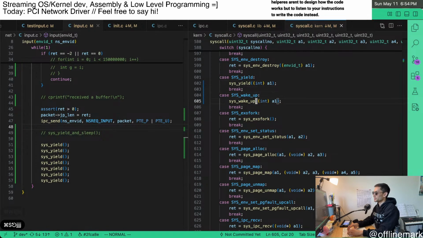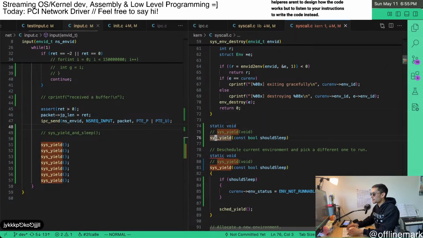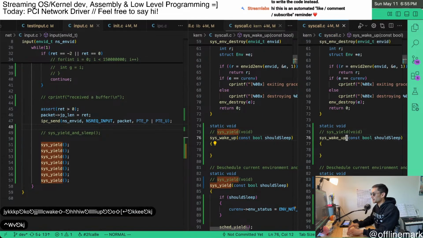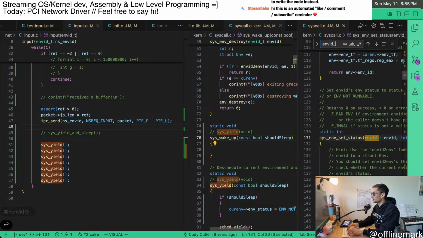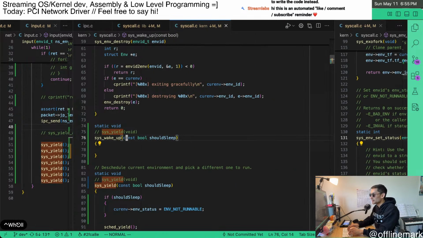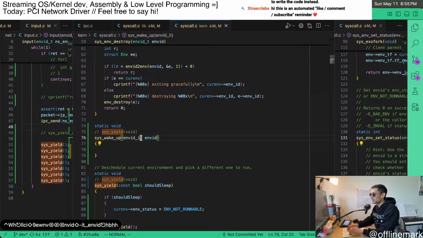So now we have our sys wake up, and I just need to implement this wake up and env ID. So here's an example of a system call. It takes a process env ID.